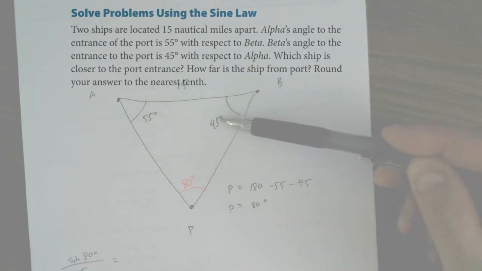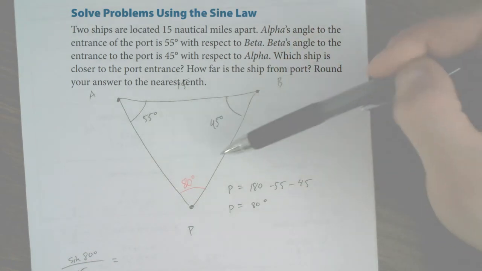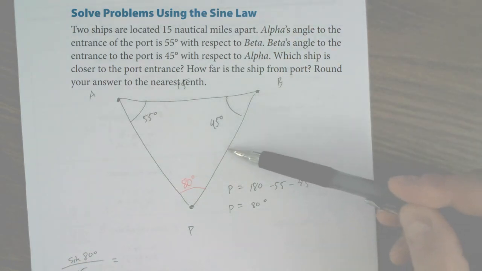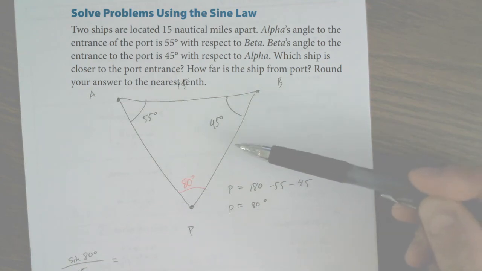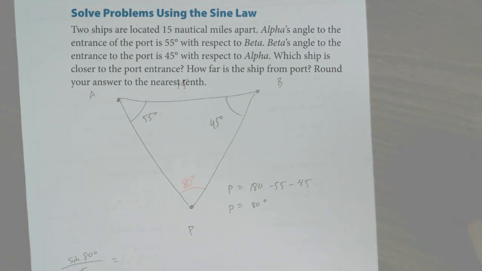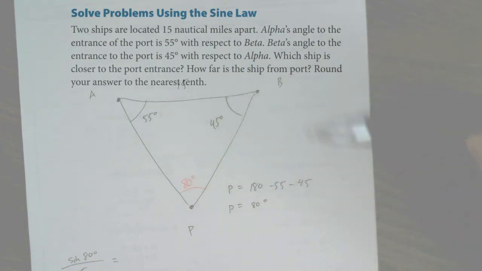So because this angle is smaller than this one, we expect this distance to be less than this distance. So I'm not even going to bother calculating this one. And I'm just going to find this distance. This is true because we have an acute triangle. All the angles are under 90.